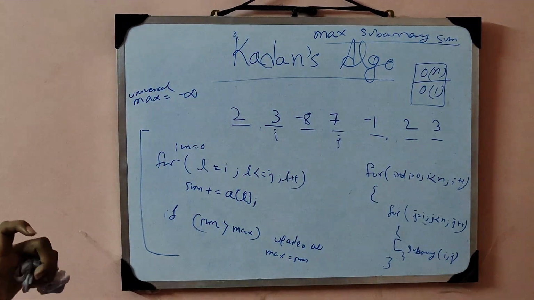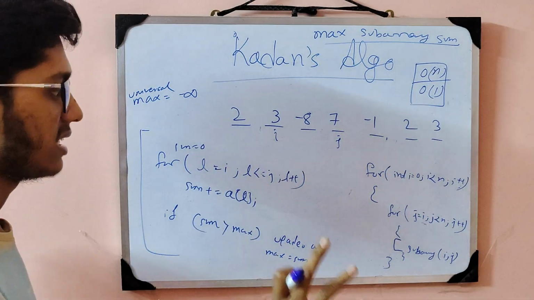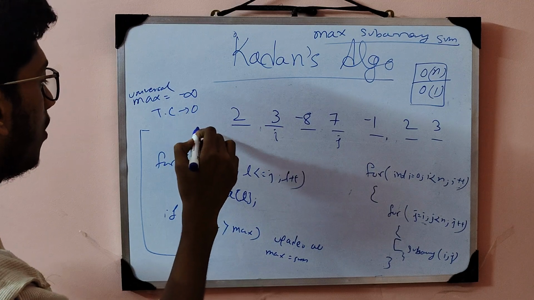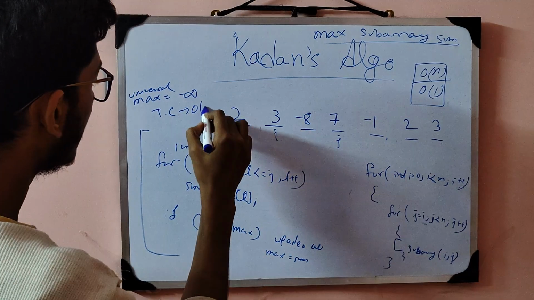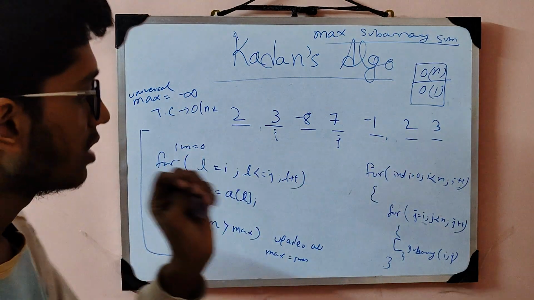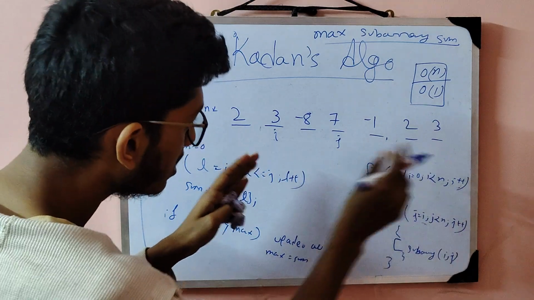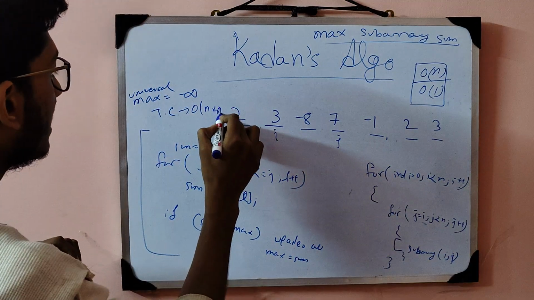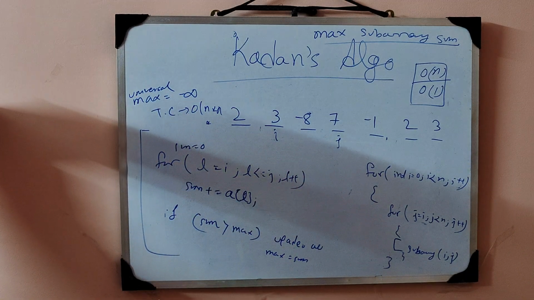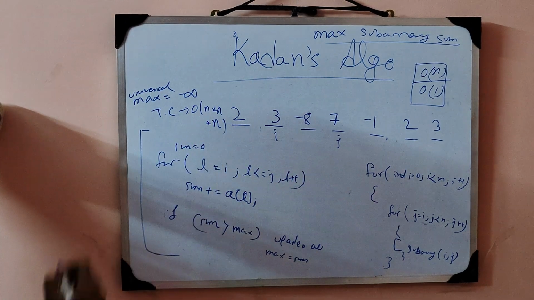Okay, for the next time, let's analyze the time complexity. The time complexity is big O of, for this loop it is n. For the I loop you are traversing once, for the jth loop you are again traversing from this point to the next part of the array, again n, and for calculating the sum you are again traversing some part of the array, and in the average case you can take it as n.